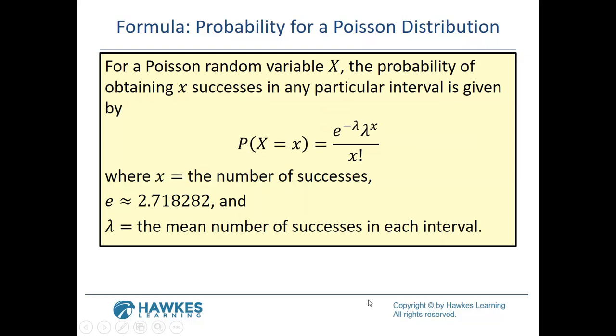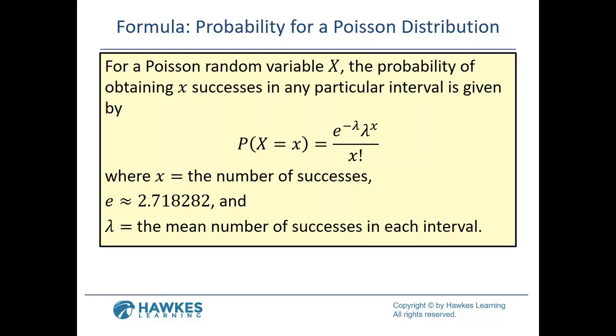So for the Poisson distribution, the probability of obtaining x successes in any particular interval is given by the probability that our random variable equals x, which is e to the power of negative lambda, times lambda to the power of x, all of that divided by x factorial.